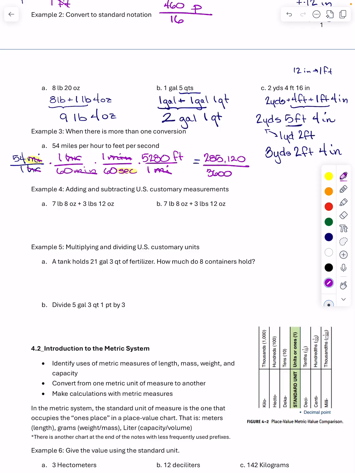So that's what I'm dividing. I end up with 79.2. And keep in mind, I got to consider my units. Feet per second. That's what we wanted our units to be. 79.2 feet per second.